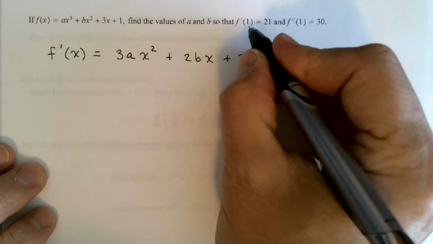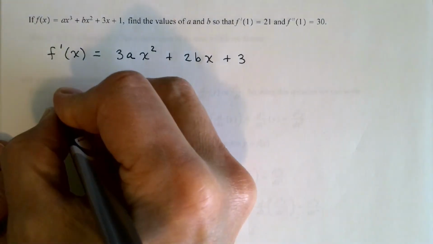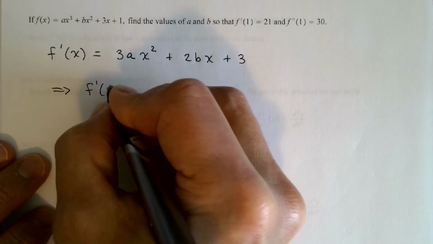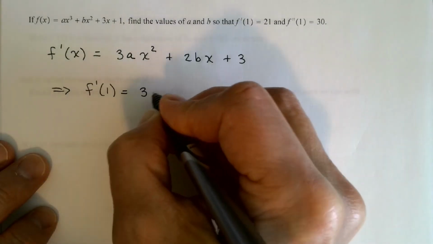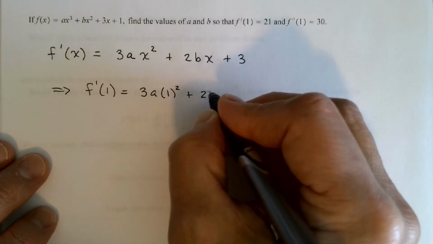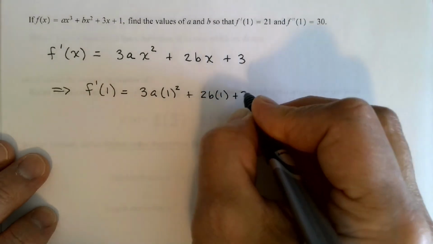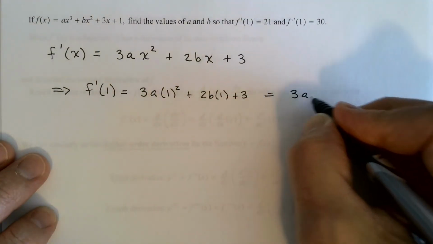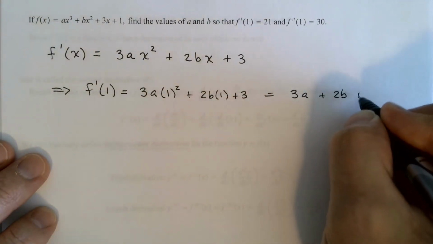And what do we know? f prime of 1 has to be 21. Well, what is f prime of 1? If I plug in 1 for x, remember x is the variable, a and b are constants, I get 3a plus 2b plus 3.